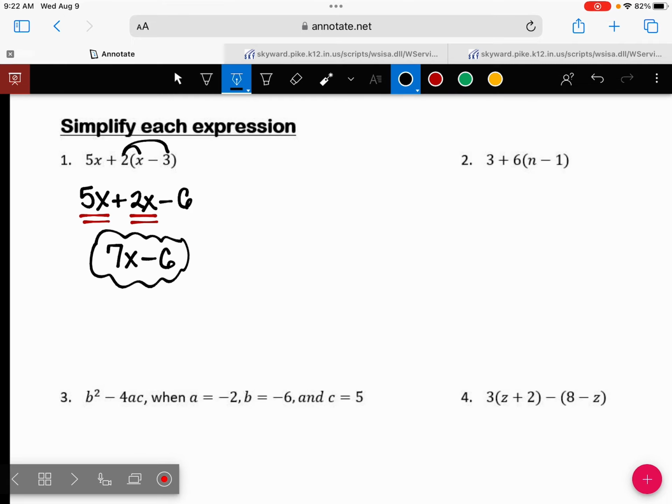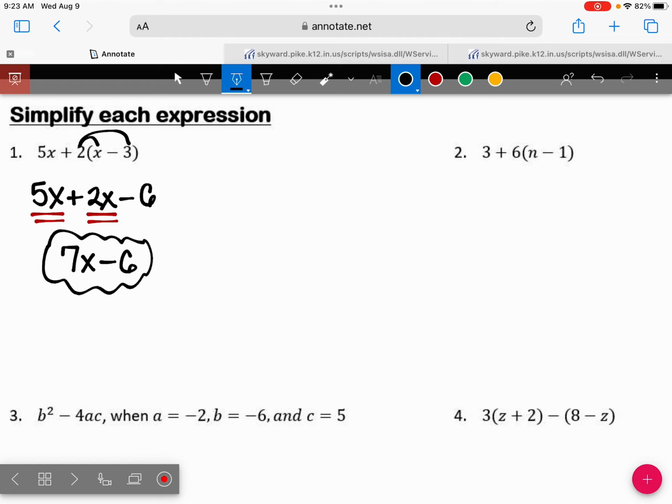All right, let's look at number 2. Go ahead and distribute the 6. So we have 3 plus 6n minus 6. Now go ahead and combine your like terms.